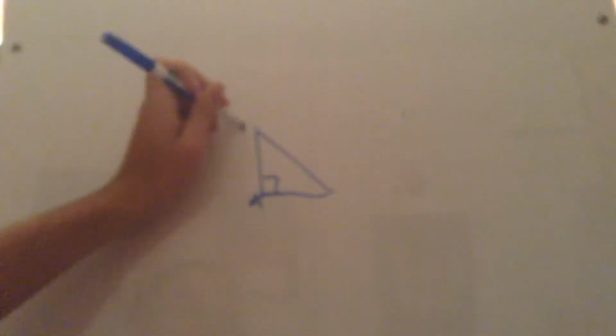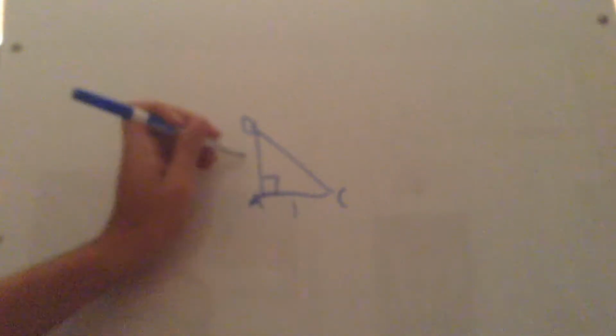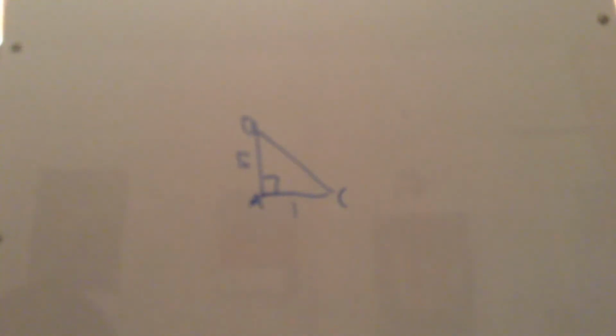It's another geometry one. They were really fond of geometry this year, as you might have noticed if you were there, or if you've looked at the test at any point. So we've got triangle ABC. Angle A has 90 degrees, so we've got A, B, C. We know that AC equals 1, AB equals 5.